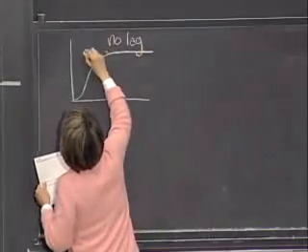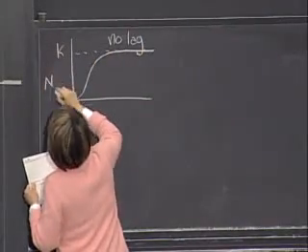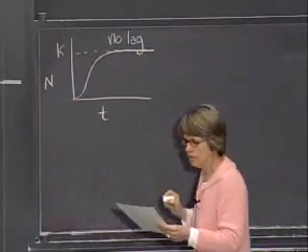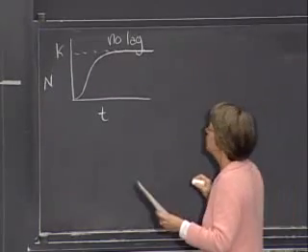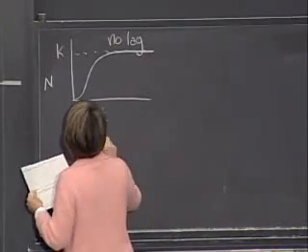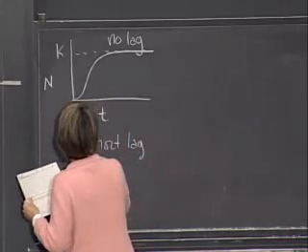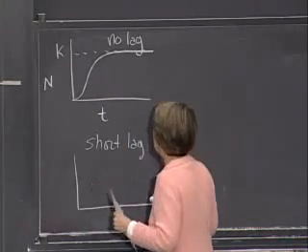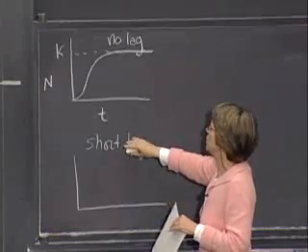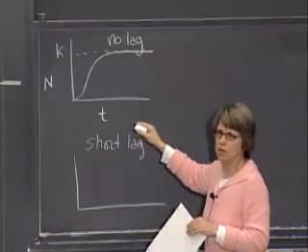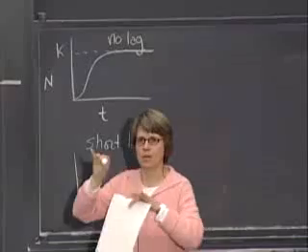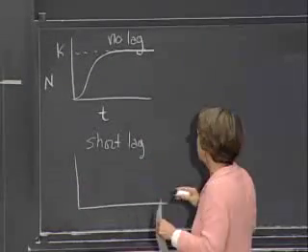And the population just reaches the carrying capacity and levels off. With a very short lag, and of course you'd have to play with this to understand what I mean by short and long and medium, because you have to change all the different parameters.